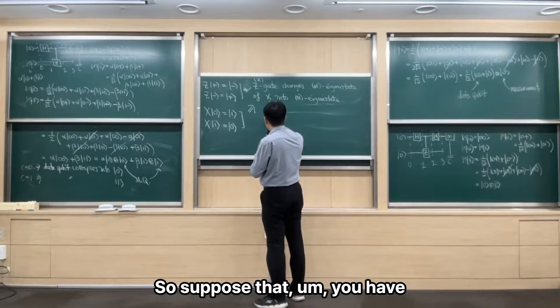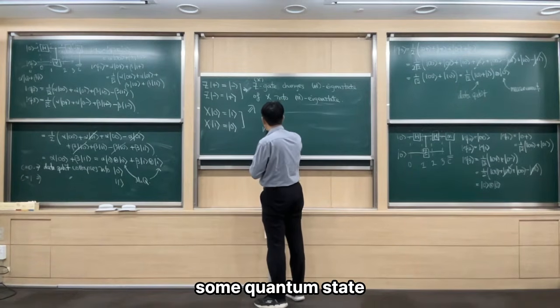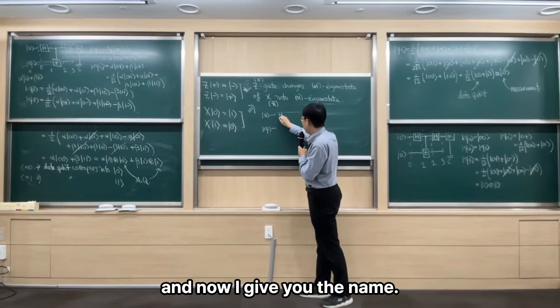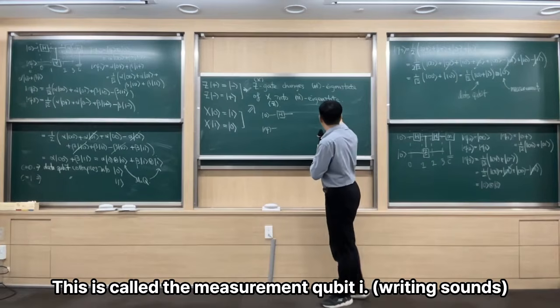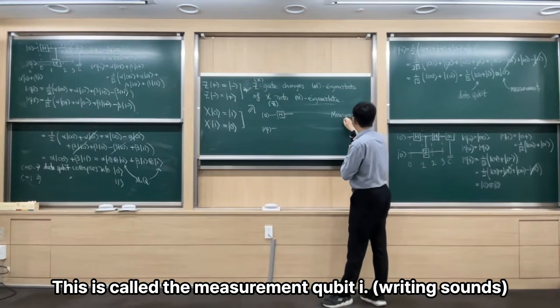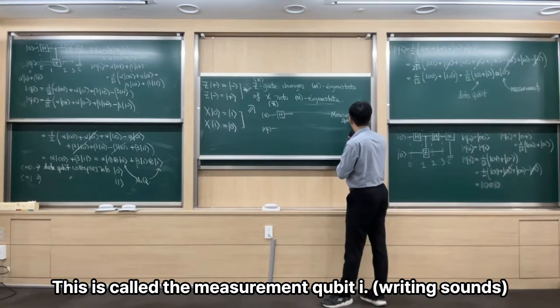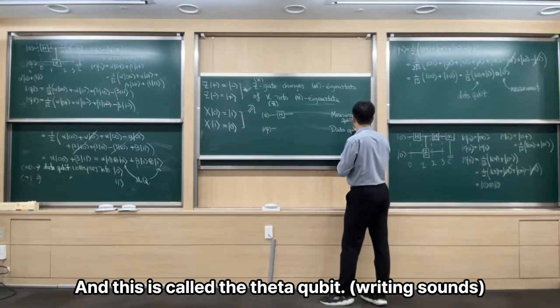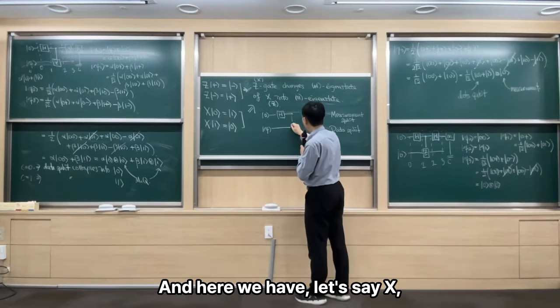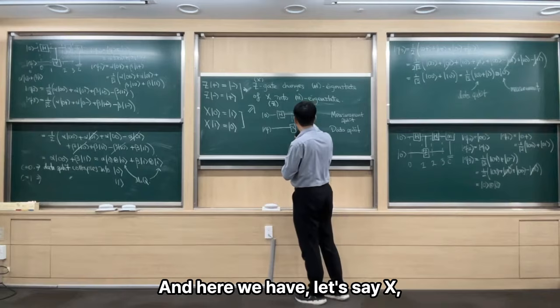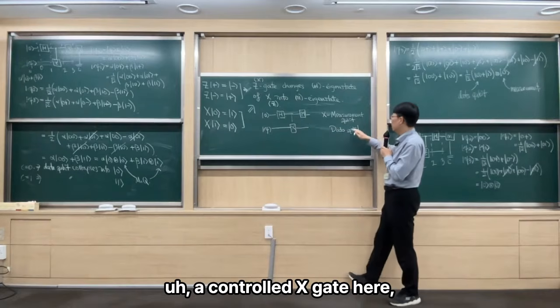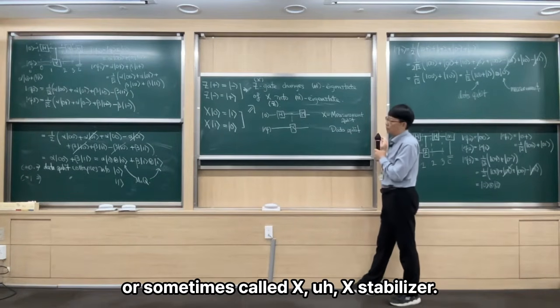So suppose that you have some quantum state and you had some read-off of your measurement qubit. Now I give it a name. This is called the measurement qubit, and this is called the data qubit. And here we have, let's say, X. Because we have a controlled X gate here, we can call it the X measurement qubit, or sometimes the X stabilizer.